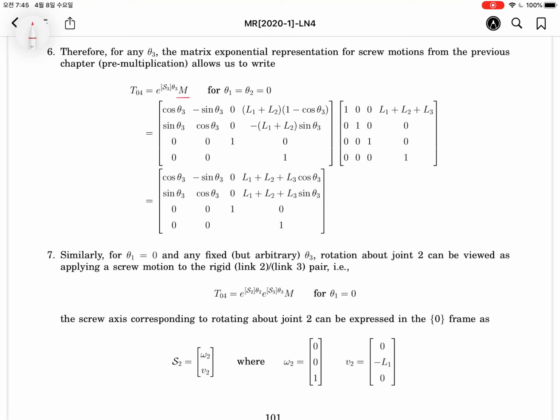Okay, for a given zero position matrix M, pre-multiplying by a homogeneous transform is maintained in the same base frame. We have talked about it in the previous lecture. So let's apply the matrix exponential form, and then this will rotate or translate about this M matrix.